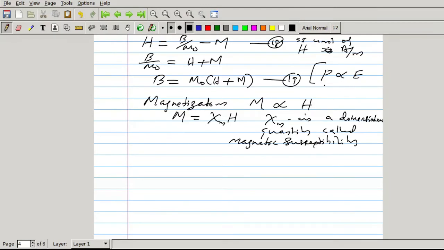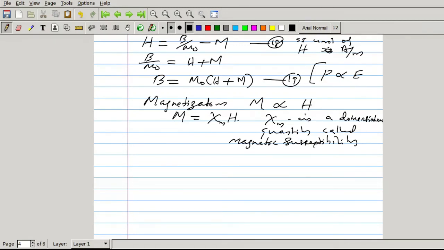The constant epsilon 0 is introduced since P and E are not identical quantities; they have different dimensions. That's why, to make chi e dimensionless, we introduced the constant epsilon 0. Here M and H have the same dimension, so we introduce the quantity chi m, which is a dimensionless quantity called magnetic susceptibility.